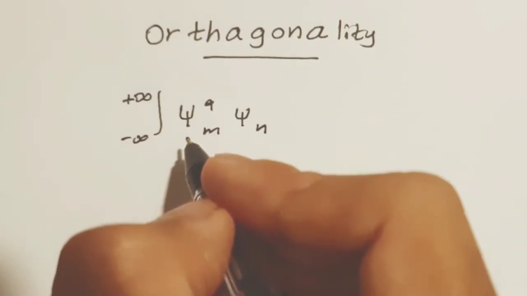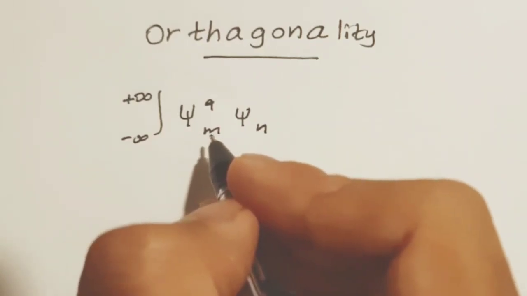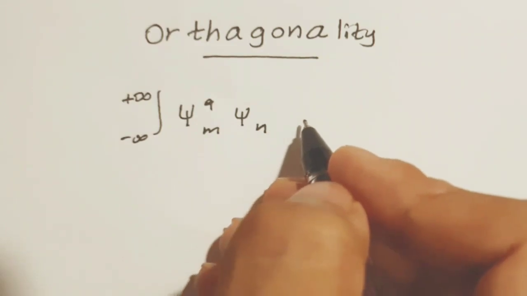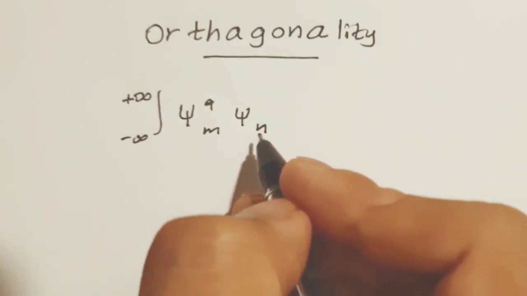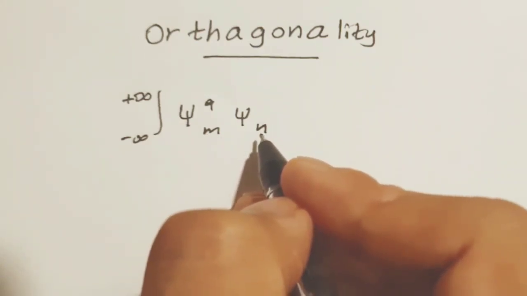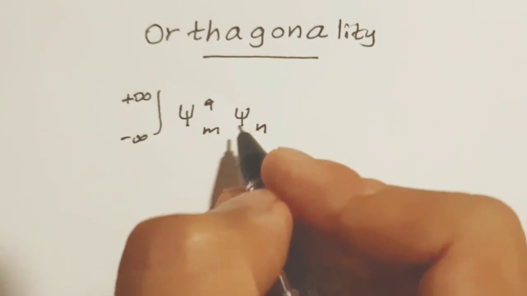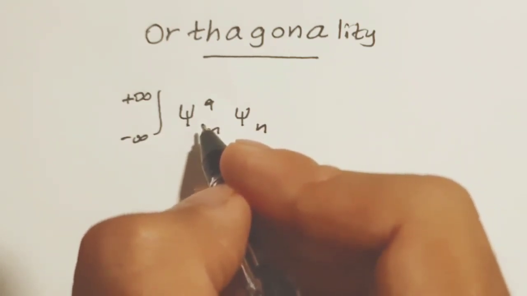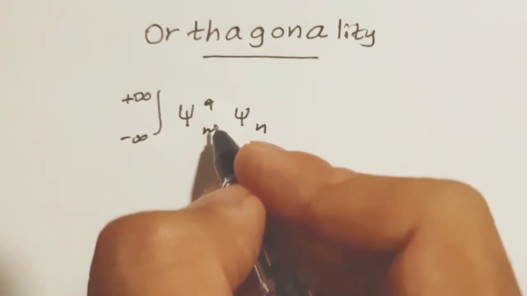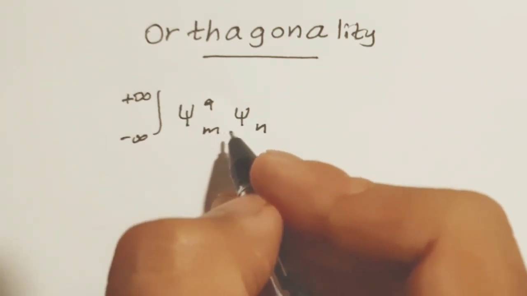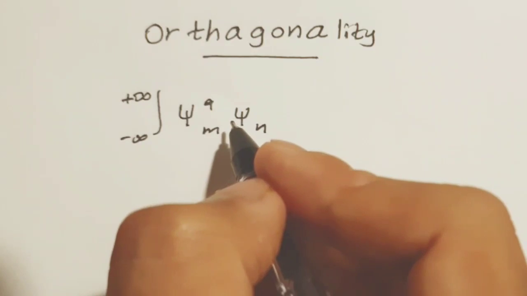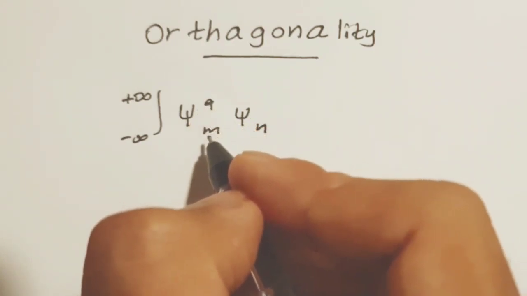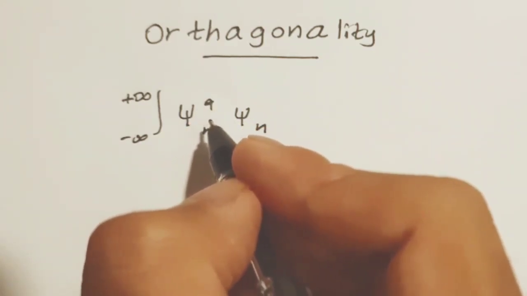In normalization condition, we consider this to be equal to 1. So in that particular situation, the m term and n term have the same wave function, and this wave function's complex conjugate comes here. But in the orthogonality, we will have two different wave functions. So the wave function we have here and the complex conjugate here are not the same wave function.